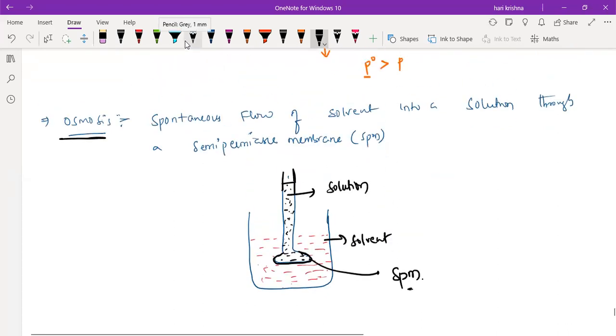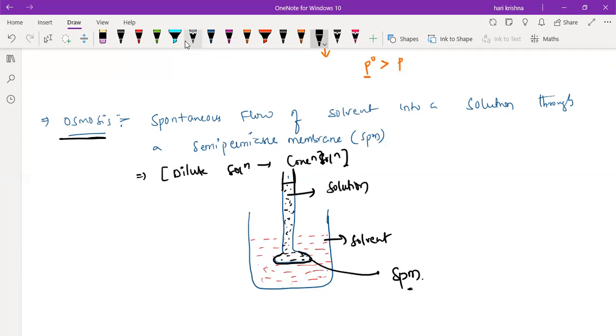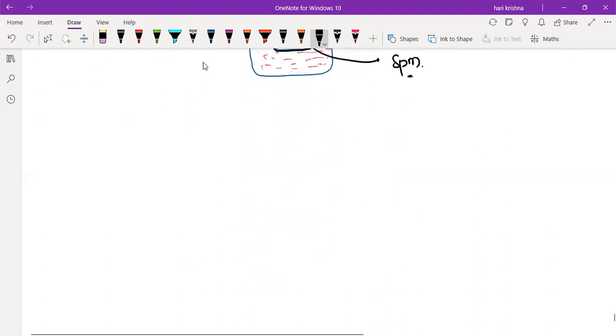That means the movement is happening from what? From the dilute solution to the concentrated solution, right? Or if you want to draw in another diagram, like this is comfortable.